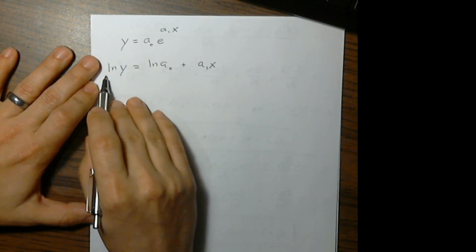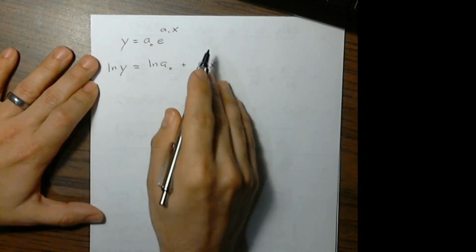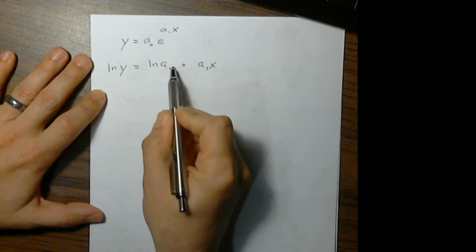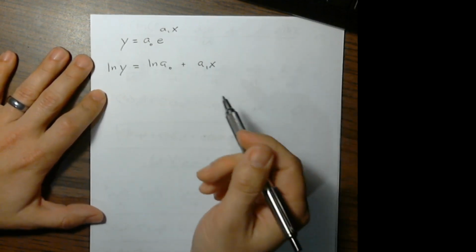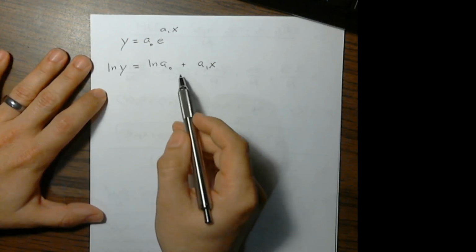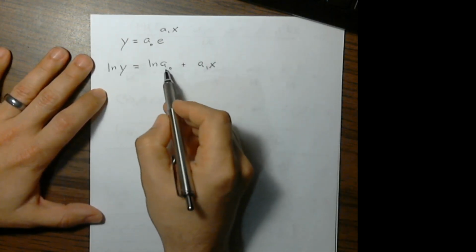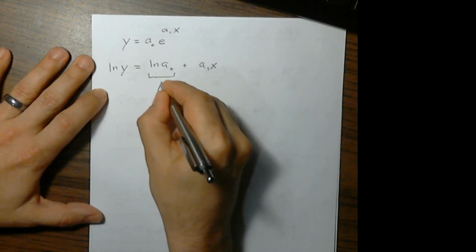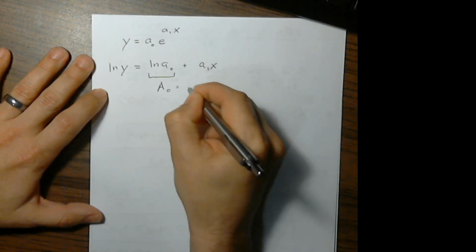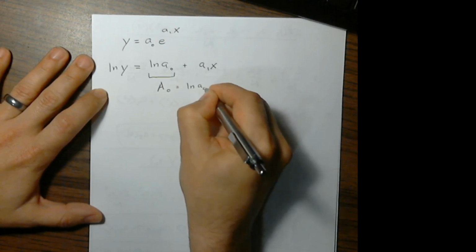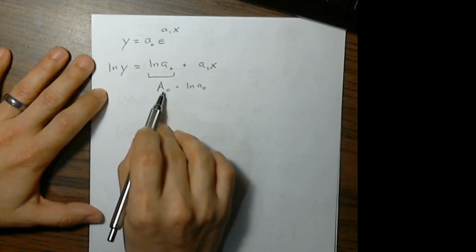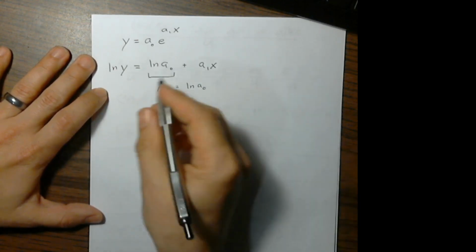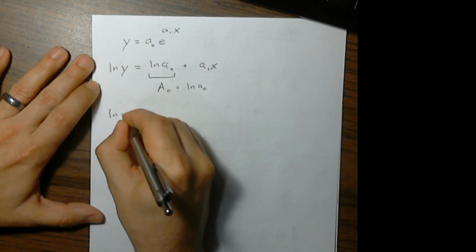Now I want to simplify things a little further because one of my calibration coefficients is inside of a natural log, which we just said is awful for me. I don't want to deal with that. But this whole term is just a constant. What if I just call this a new calibration coefficient, capital A naught? What if I just say let this whole thing be a new coefficient? If that's true, then I'm good to go.